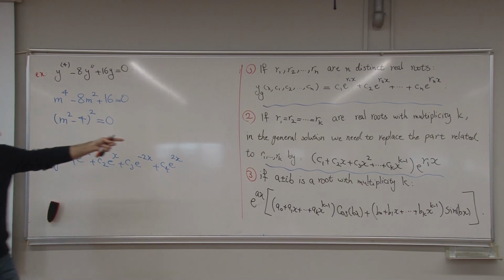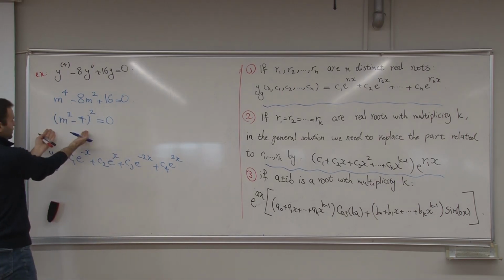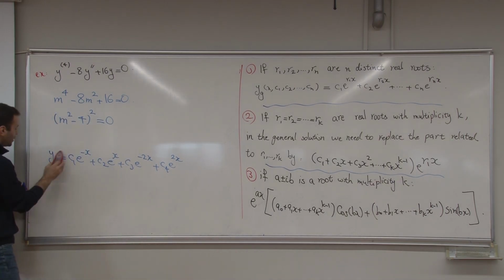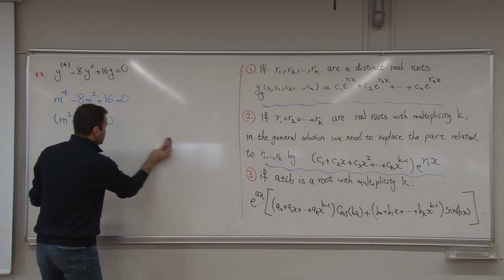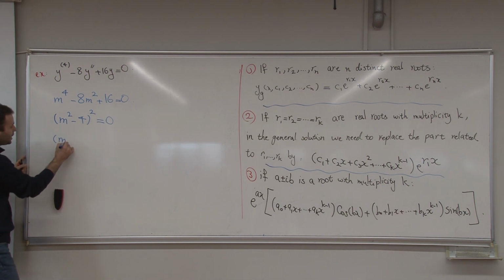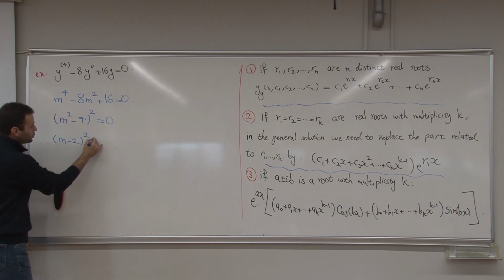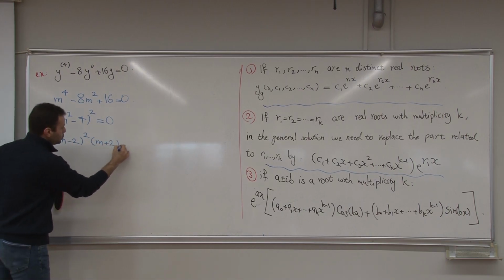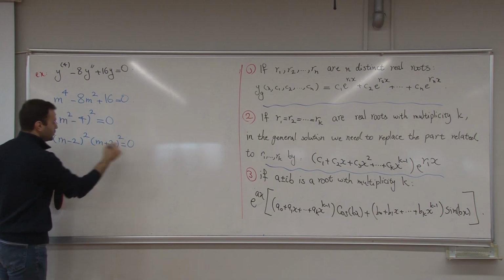Yes, we are going to use this. But first of all, let's first deal with this, find the roots, then come over there, okay? So this is my point that we're trying to make. This is actually this one, but I can also divide this into m minus 2, m plus 2. Okay, so this is going to be (m minus 2) to the power of 2 times (m plus 2) to the power of 2 equal to 0.